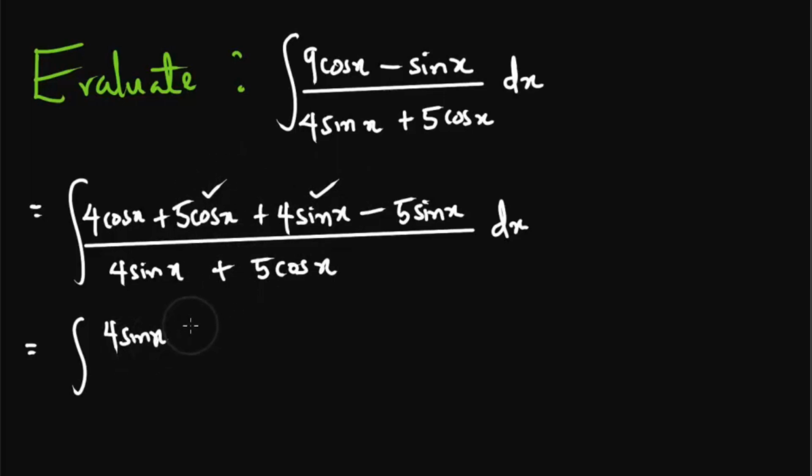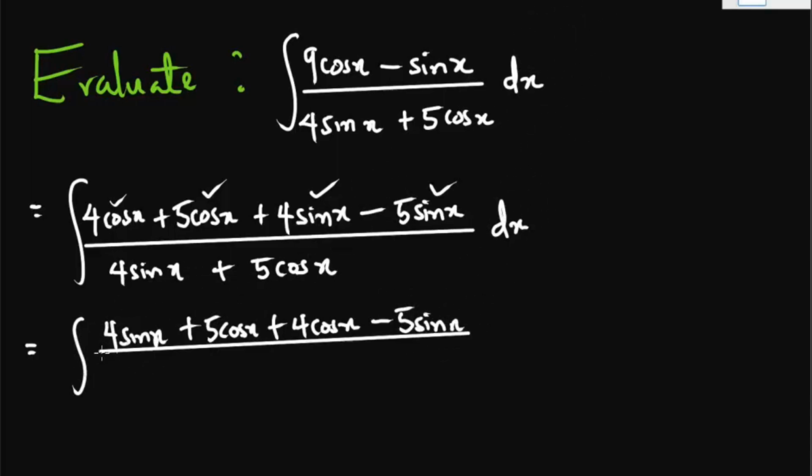So 4 sin x plus 5 cos x, and then I have 4 cos x minus 5 sin x, divided by 4 sin x plus 5 cos x dx.